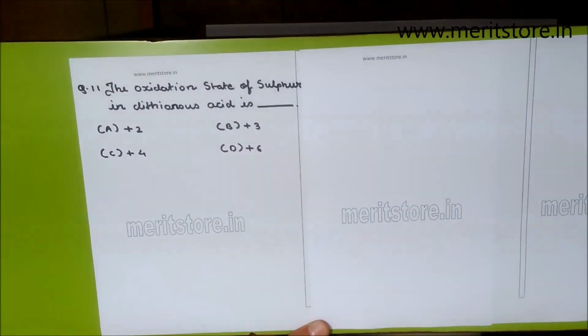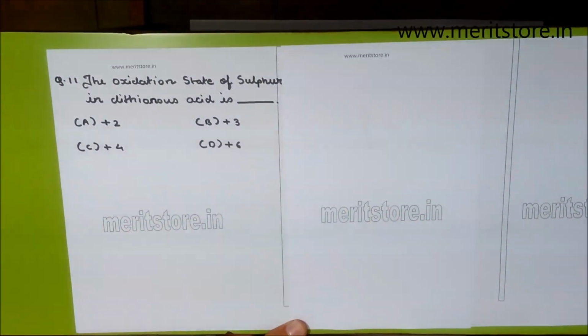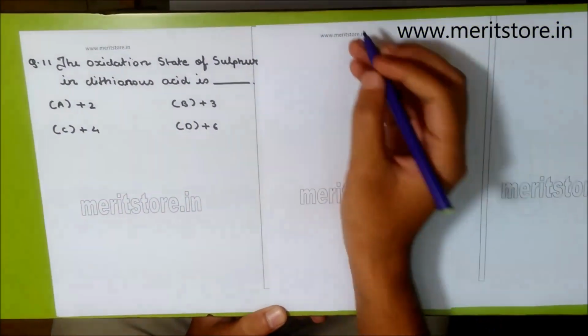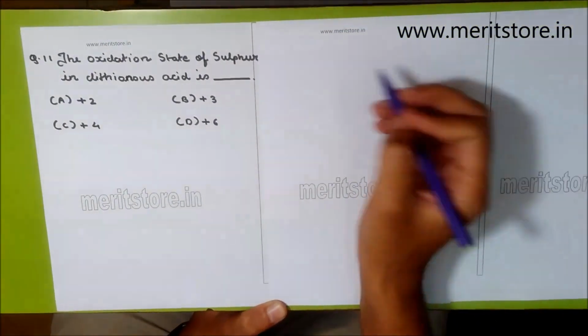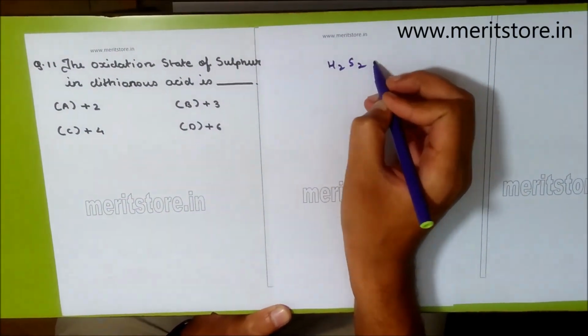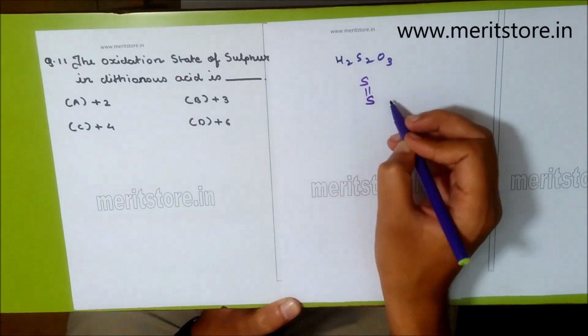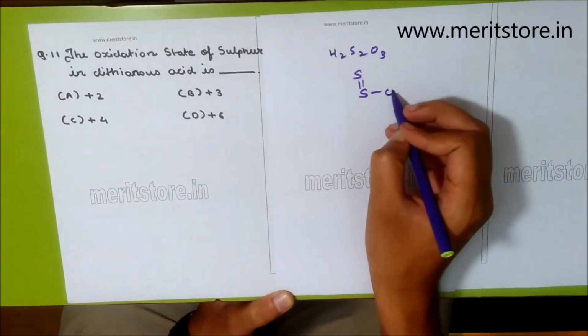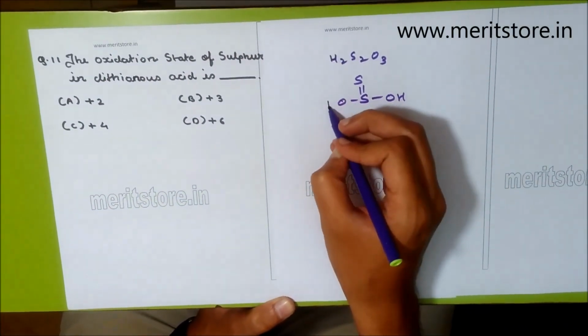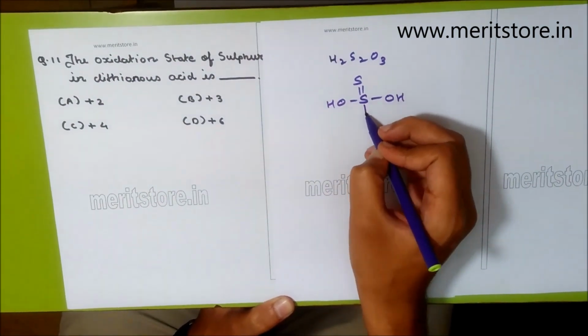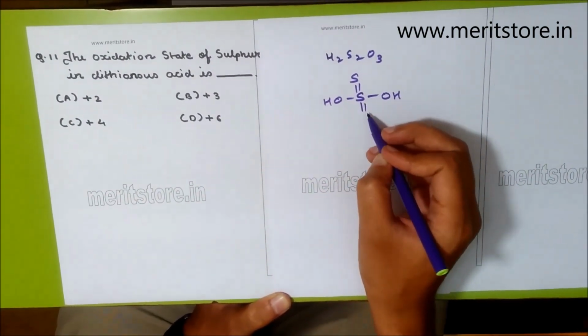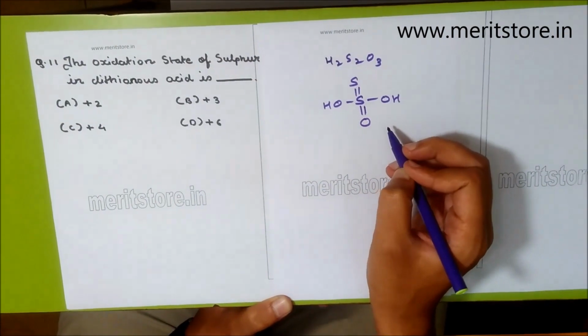Number 11. The oxidation state of sulfur in dithionous acid is, okay, the structure of thiosulfuric acid H2S2O3, of which the central atom is sulfur bonded to another sulfur by a sulfur-sulfur bond, 2 hydroxyl groups attached to the central sulfur, and 1 oxygen atom bonded by a double bond.